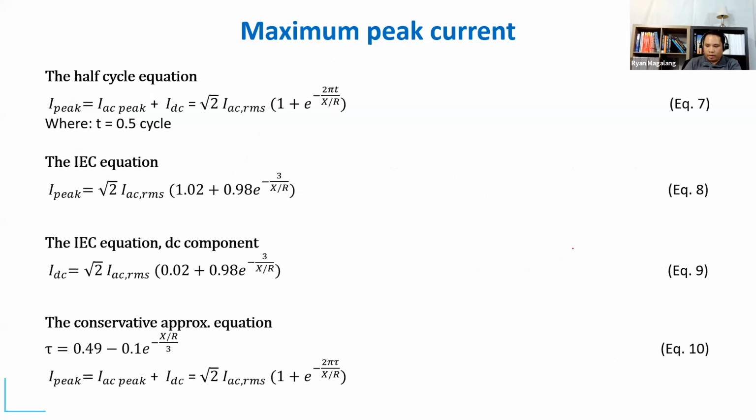So these are just some IEEE equation approximations for the half cycle. They even have the IEC here, which is just for comparison, but it's not really of interest. I mean, for me, I don't deal with the IEC.